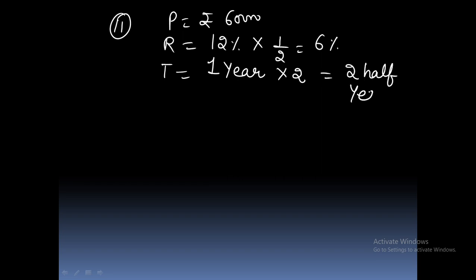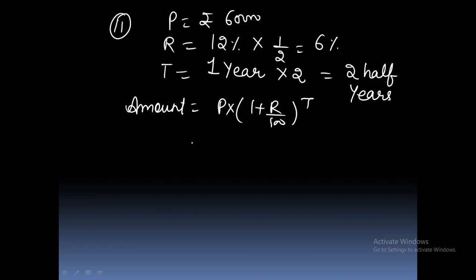And here we will implement the amount formula, P multiply 1 plus R over 100 power T.